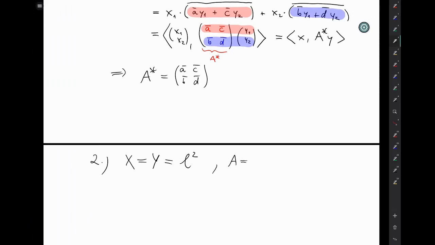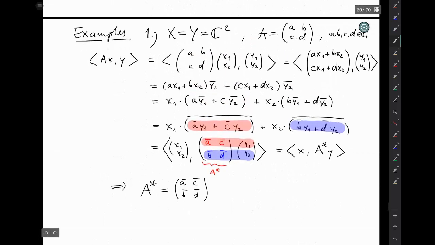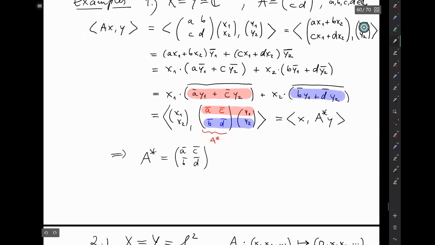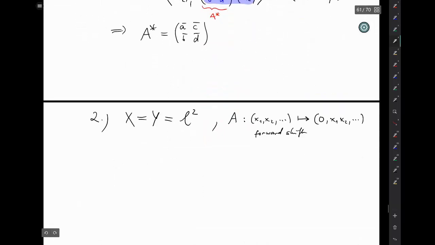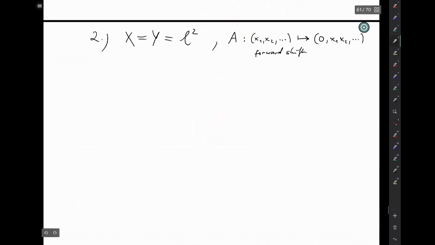So it takes a sequence and just moves every entry one position to the right, filling the empty first position with a 0. And now let's use the same style as in example 1 to derive a formula or even understand what the adjoint operator A star is doing.